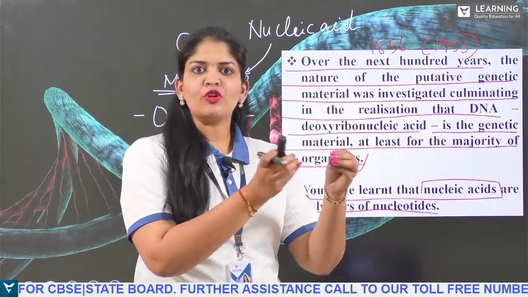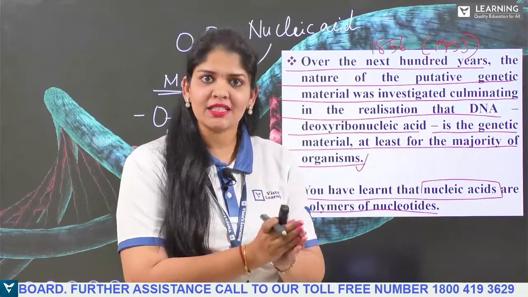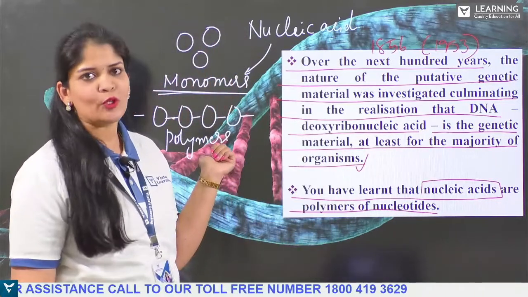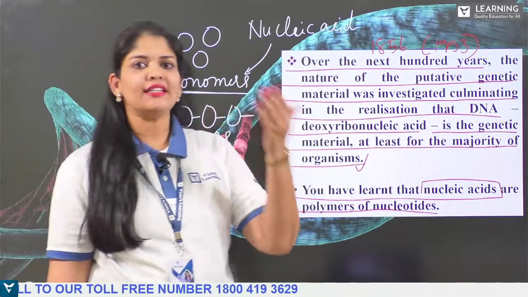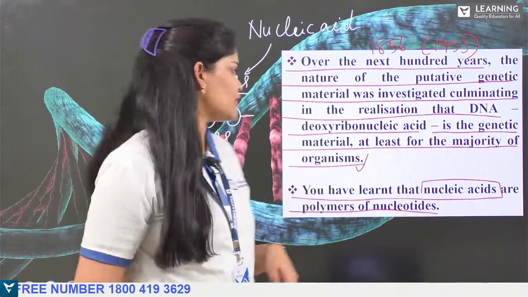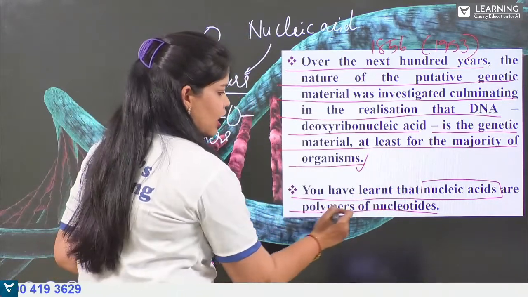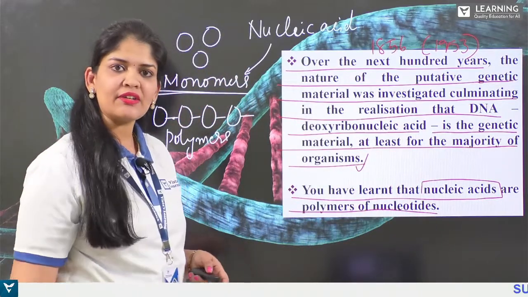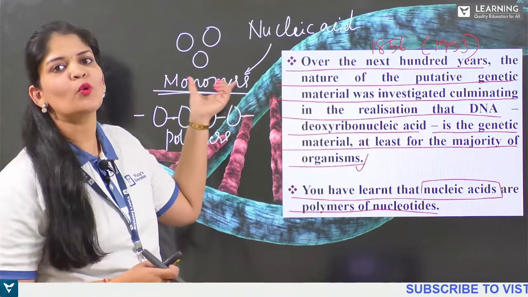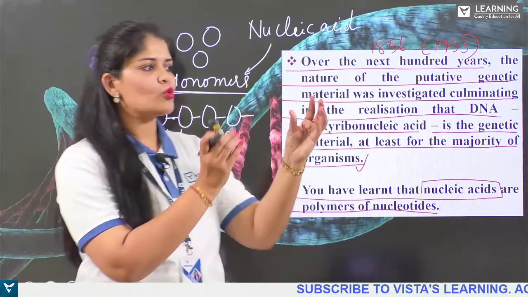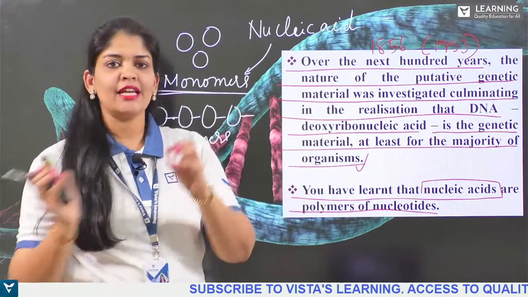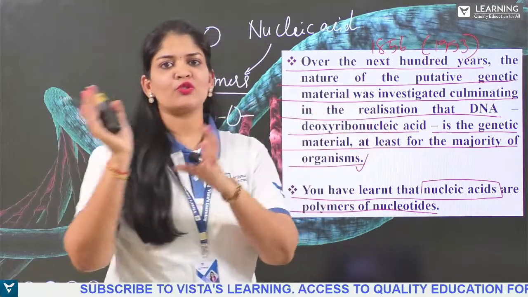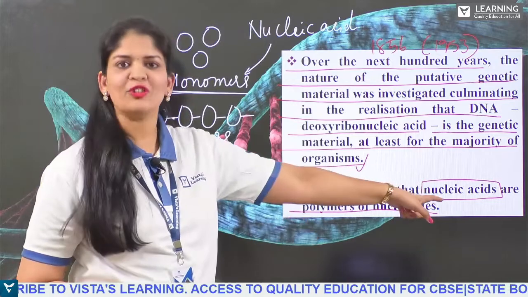Each nucleotide combines together to form a polynucleotide, that is nothing but your DNA or RNA. So that is what nucleic acids are, the polymers of nucleotides. Each nucleotide is a monomer, and each monomer combines to give rise to a polymer.